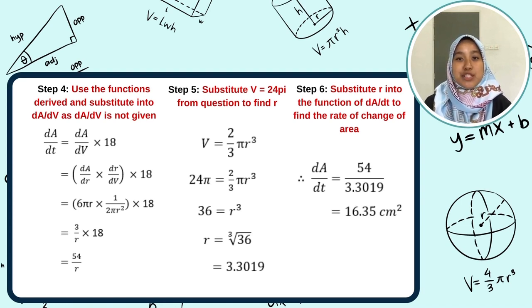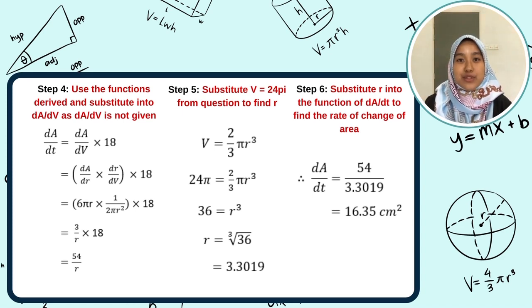So in this step, you just have to write the function back, which is dA/dt equals dA/dV multiplied by 18. Then you substitute dA/dV with the derived functions, which is dA/dr multiplied by dr/dV and multiplied by 18.